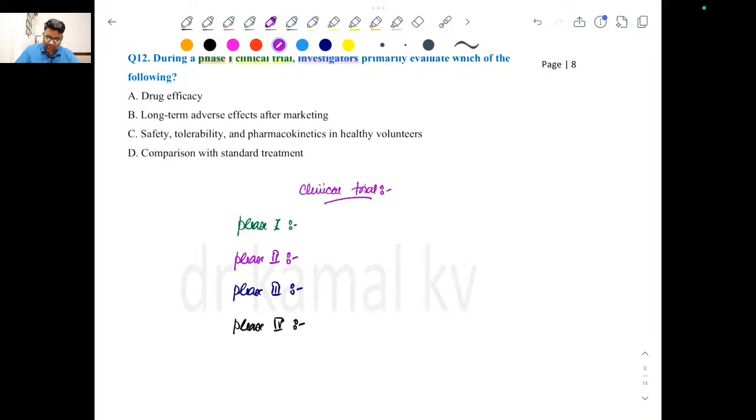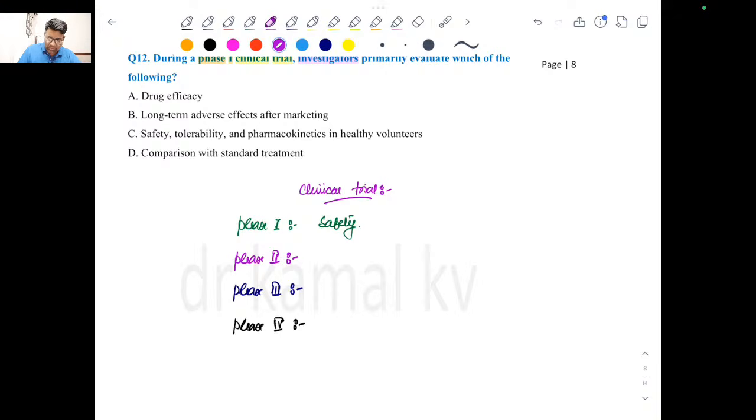So the very first point is safety, right? And therefore what we do, we give the drug to healthy volunteers under ICU facilities, so that in rare case if there is any reaction, the patient can be attended, right? So the very first thing is that whatever the drug we are planning to introduce should be safer.